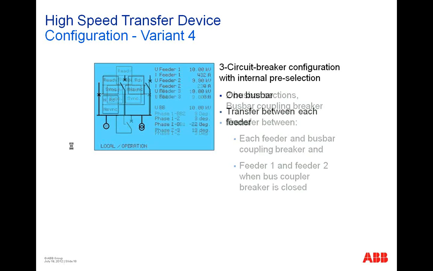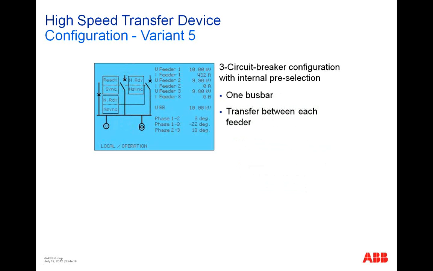And variant 5 is also the extension of variant 3, the one main incomer with 2 possible standby feeders. You can make the pre-selection of to which breaker the transfer should be performed. But this one also has an automatic system inside so that we can perform transfer from here to here, from here to here, or from here to here, from here to here.